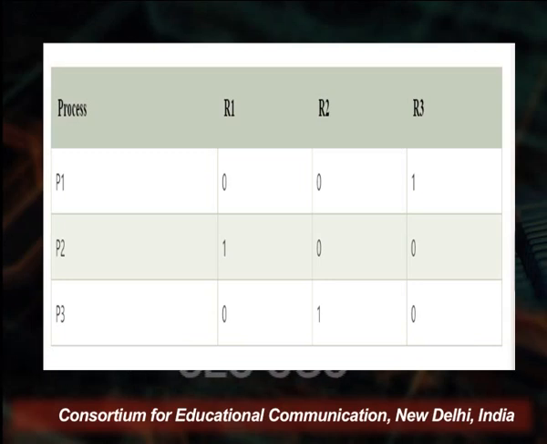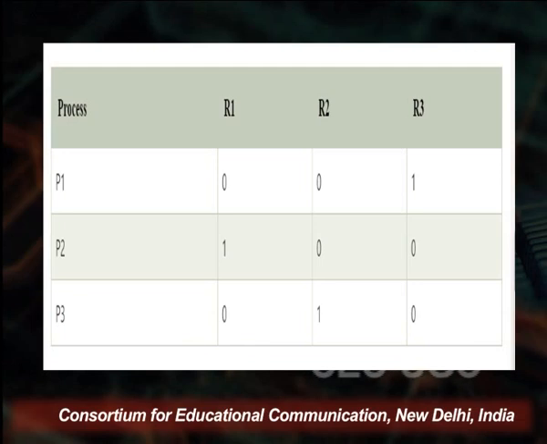Similarly, if we see the second row, which belongs to process P2, this process P2 is allocated the resource R1, not the resources R2 and R3. Similarly, with P3, the resource R2 is allocated to P3, indicated by a digit 1, while R1 and R3 have 0 here.